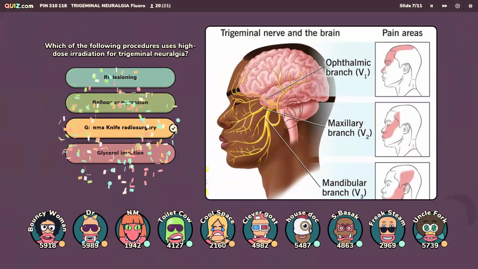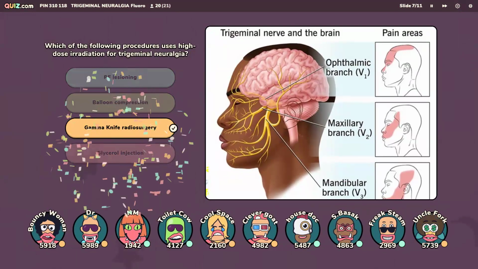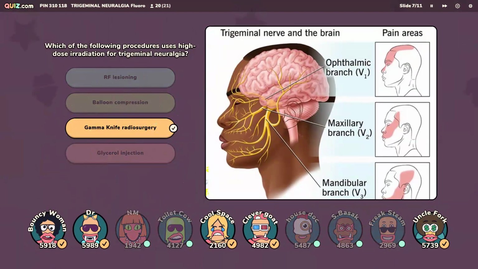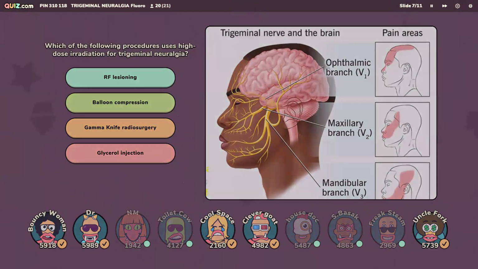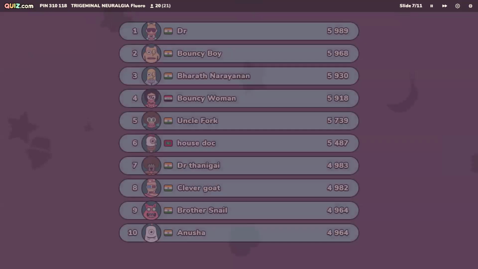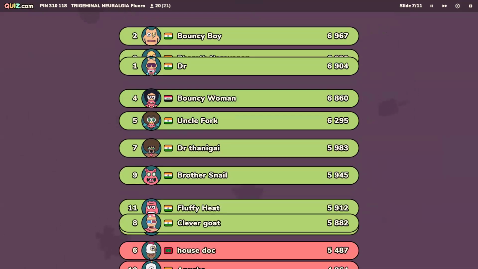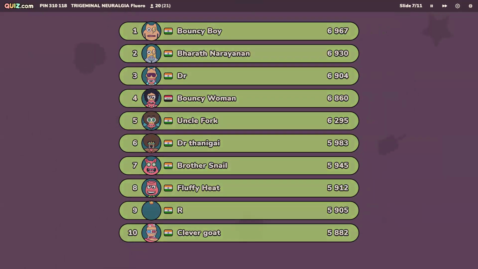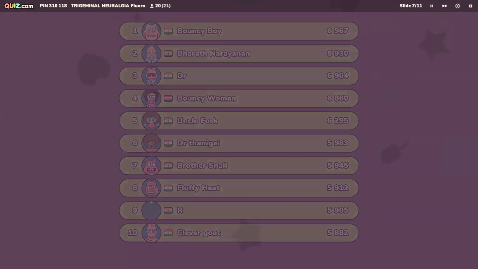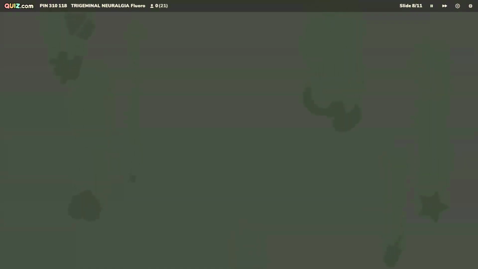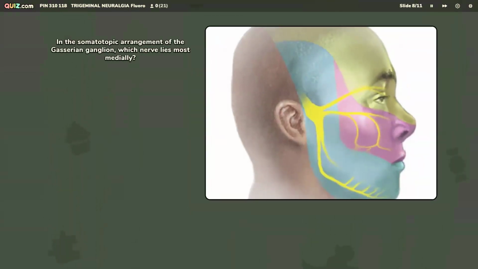Gamma knife radiosurgery. In the somatotopic arrangement of the Gasserian ganglion, which nerve lies most medially?